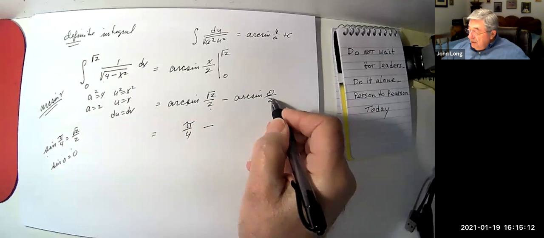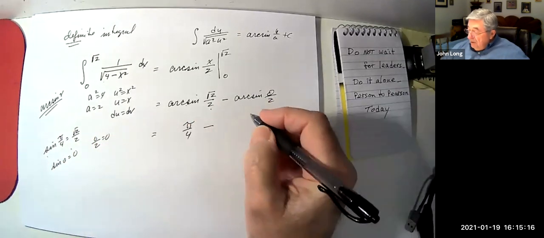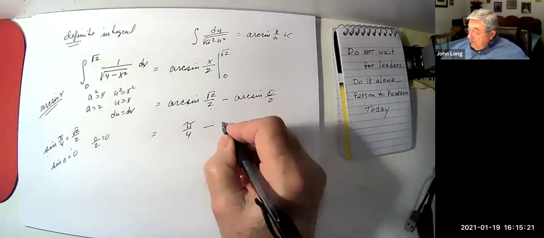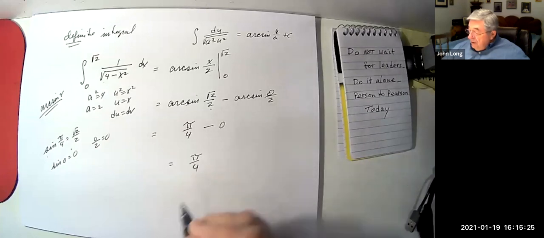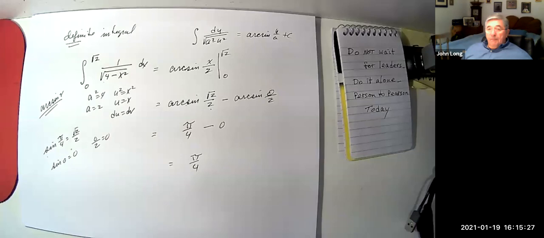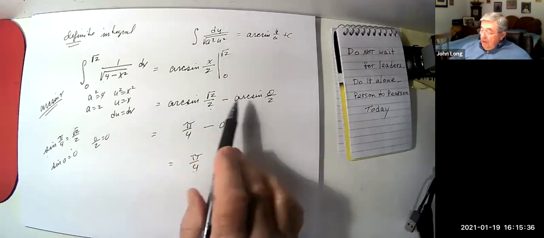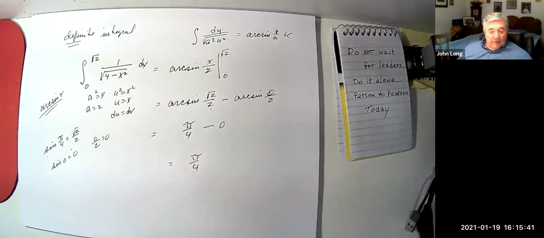So the arc sine of 0, and remember that 0 over 2 is 0. So the arc sine of 0 is 0. And so our final answer here is just pi over 4. So definite integrals have numerical answers, and with the case of these arc sines, we've got to use some of these values that we had from before in order to fill in there.